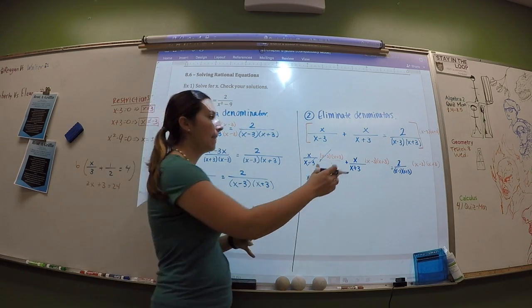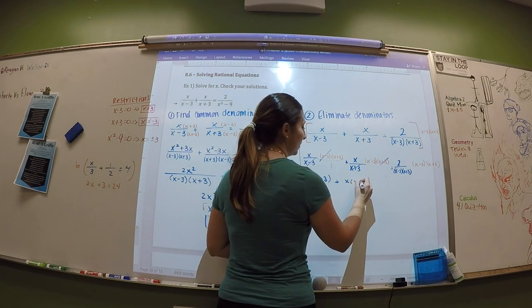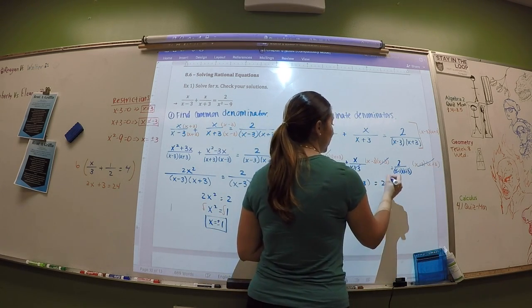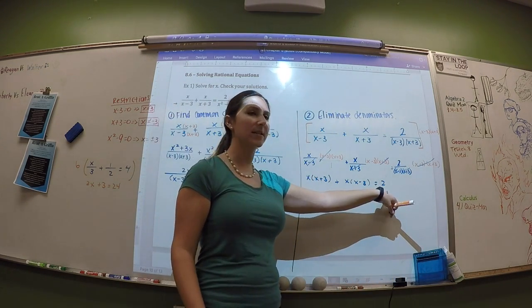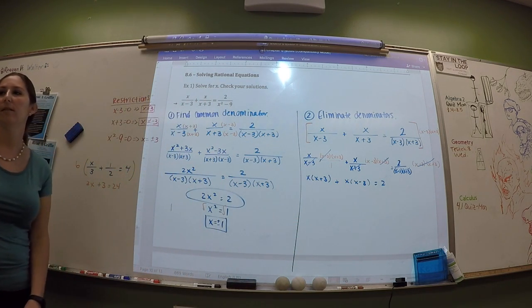Eliminates the denominator. In the second batch, these cancel, and you're left with x minus 3. And then these cancel, and you're left with 2. Now, when you distribute all this out and simplify, that's what brings us here, right?